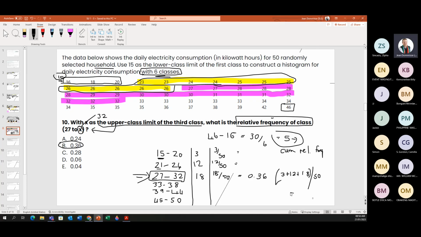So if it was cumulative, it would have been 3 plus 12 plus 18, which is 33 divided by 50, which would have been 0.66. So they can ask cumulative as well. If they ask for a percentage, we multiply that by 100, so that it would have given you 36%. If it was the cumulative percentage, we would have just multiplied by 100.